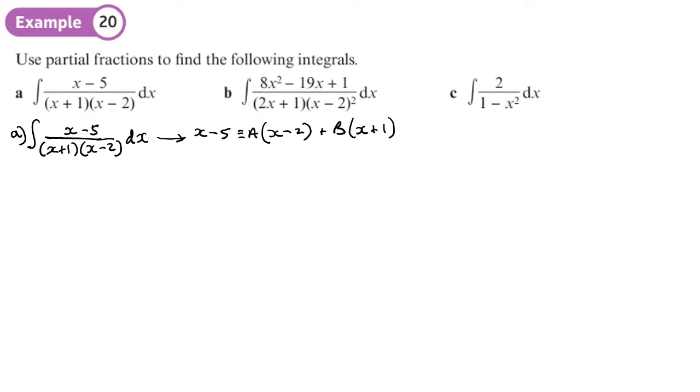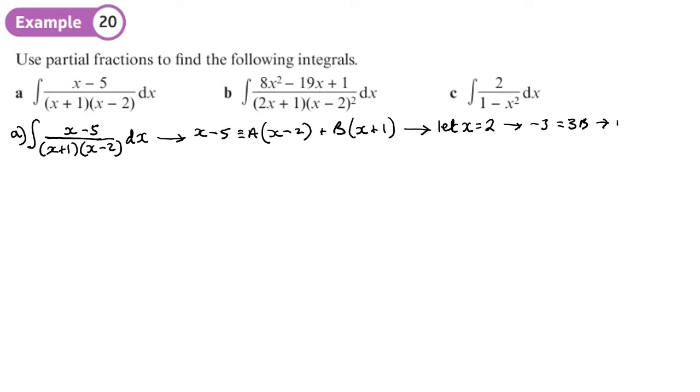So from here we would start by saying, right, let x equal 2 to clear out the first bracket. So when x is 2, we would get 2 minus 5, which is negative 3 on the left hand side. The bit of the bracket which has A in front of it goes, and then we'd have 3B equals negative 3.